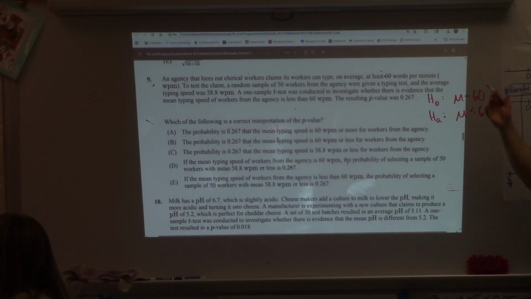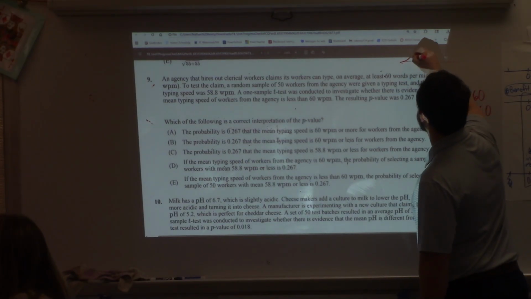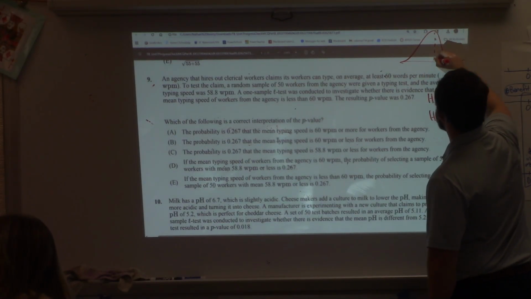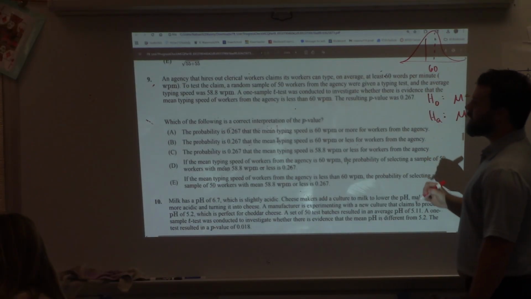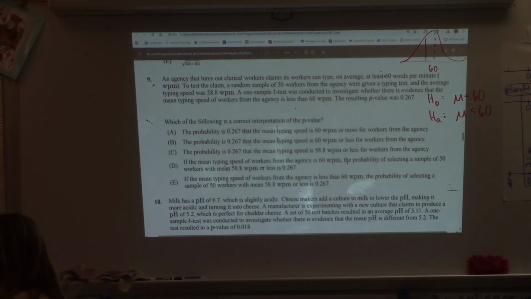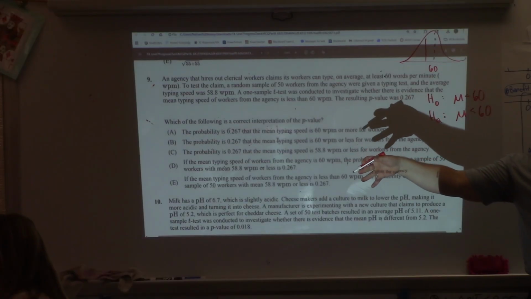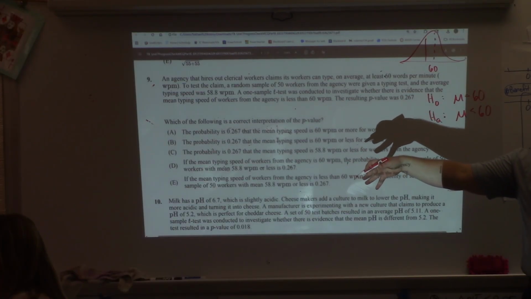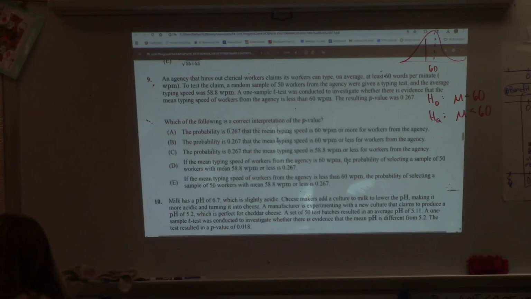When I look at a distribution that is centered at 60, is there a chance that I get something less than that by chance alone? Yeah, randomness. There's a chance that I get something below. But if there's convincing evidence, it's so unlikely to get by chance alone that I don't think it was chance alone. Those are things we want to keep in mind.